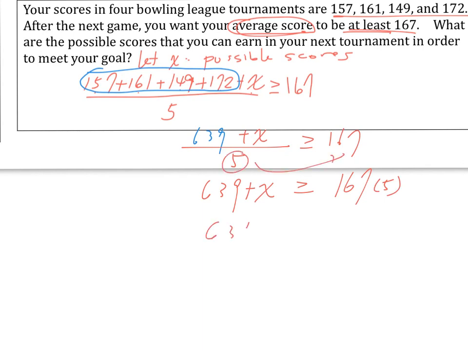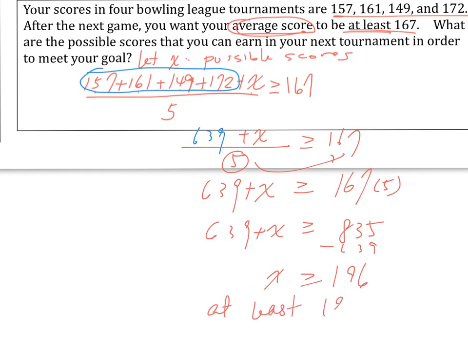Okay, and I'll just copy this. 167 times 5 gives me 835. I'm going to subtract 639 from both sides. And this gives me 196, so my final answer is at least 196 for the next score.